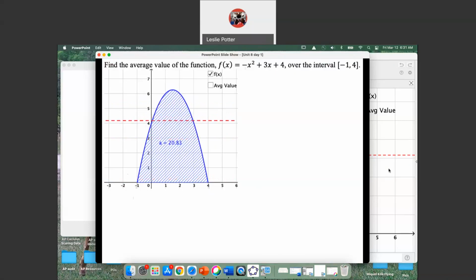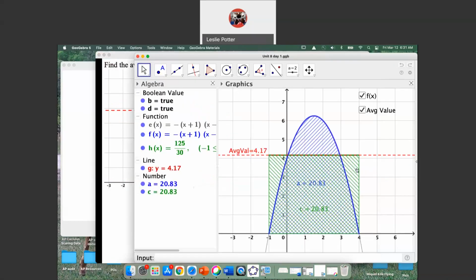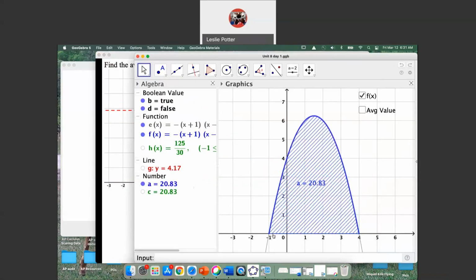Let's look at that graphically. Here is that same function. If we integrate and evaluate the definite integral, we'll see in just a few minutes that this area is 20.83.